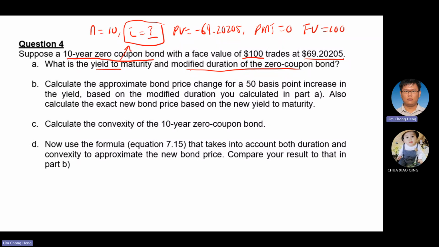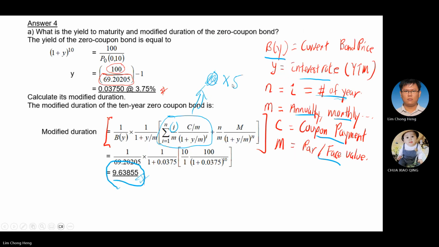So the YTM you can get is 3.75%. YTM is 3.75%.